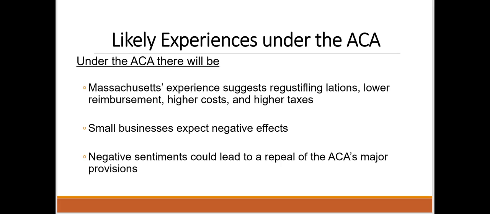Also, the Massachusetts experience suggests lower reimbursement, higher costs, and higher taxes. There are small businesses that expect negative effects. Negative sentiments could lead to, again, as I touched on before, a repeal of the Affordable Care Act's major provisions, but we don't know what the future holds.